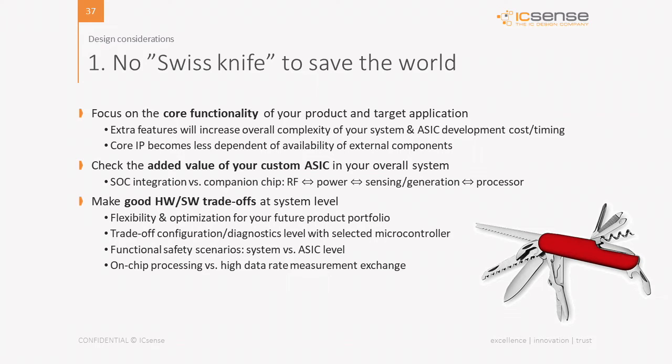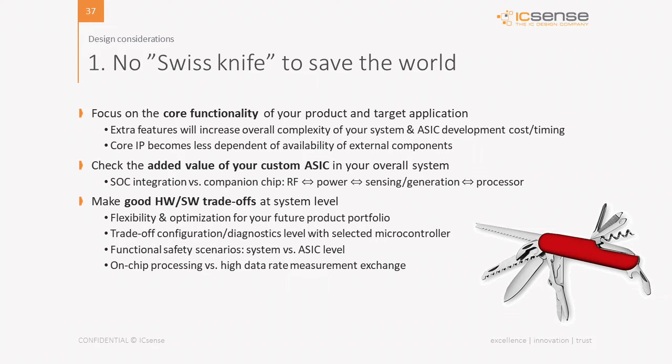By the way, your investors will also not like this. So it's very important that you make the right choices on what you will put on the chip or not. Also, by targeting your core IP, you will become less dependent on the availability of external components.